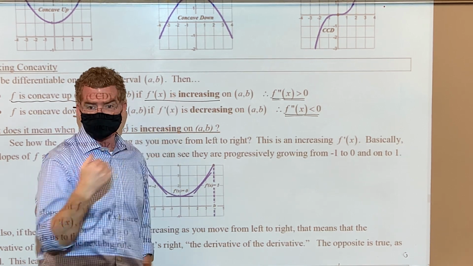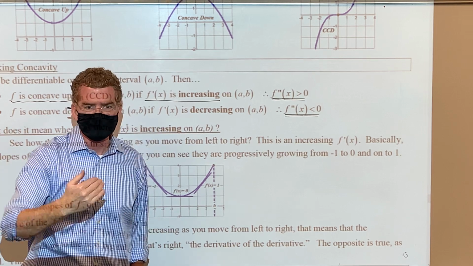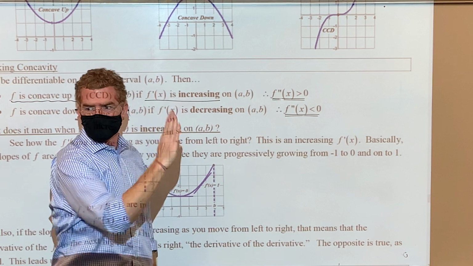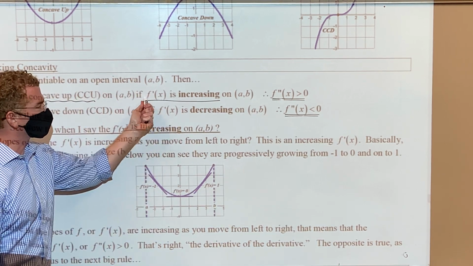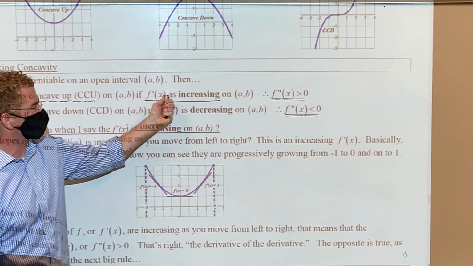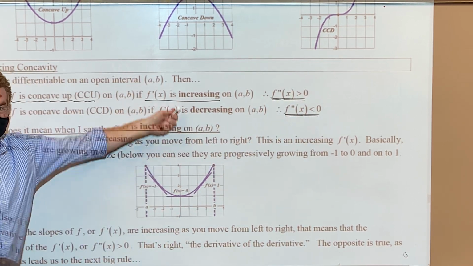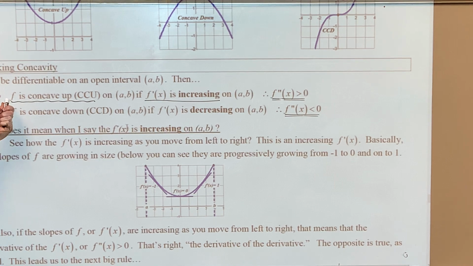Does that seem like the slopes were actually getting bigger? They were increasing. What is that forming? Concave up. When the derivative of f, or the slopes of f, increase, the second derivative is positive. And we know that when the second derivative is positive, the original function is concave up.